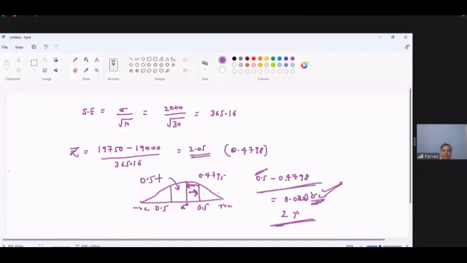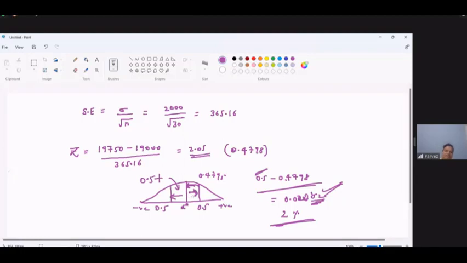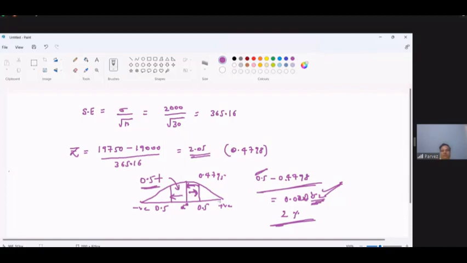When it's negative, something should be added to become 0. Negative means you are in minus, so something should be added. That is the reason we add in 0.5. If it's negative or minus, we add in 0.5. If it's positive or more, we subtract from 0.5. Is it clear?